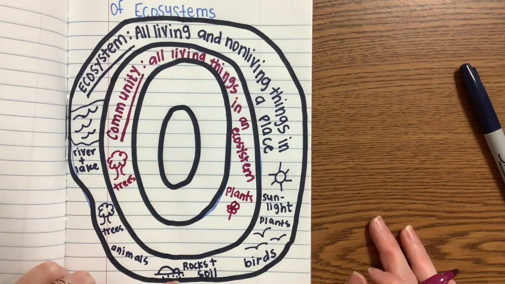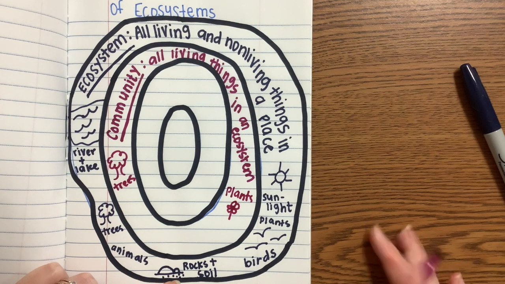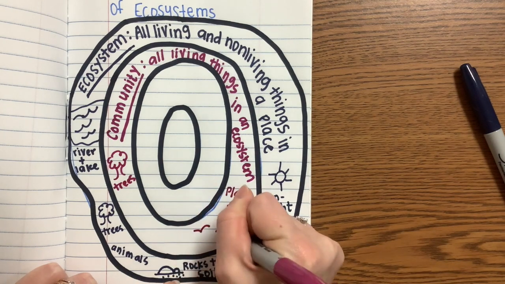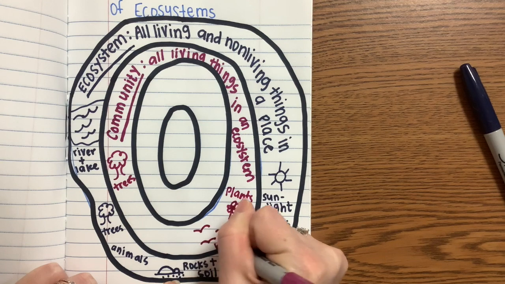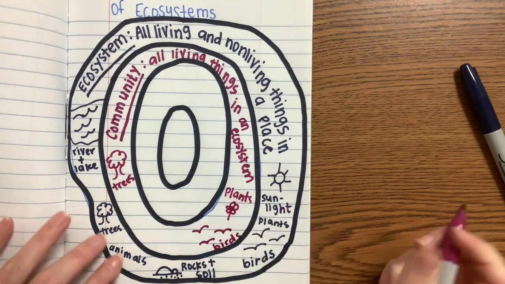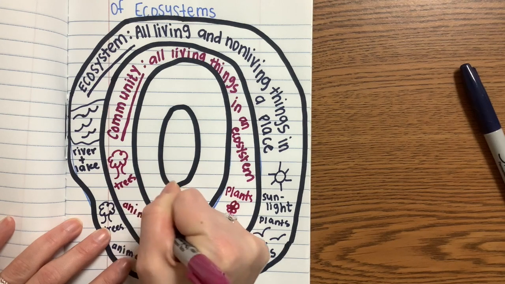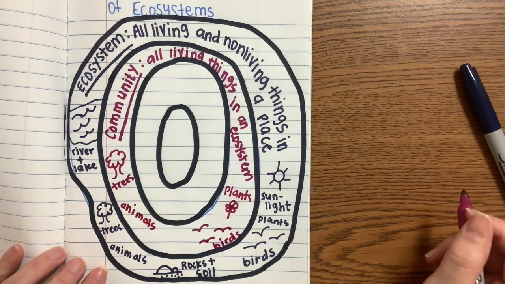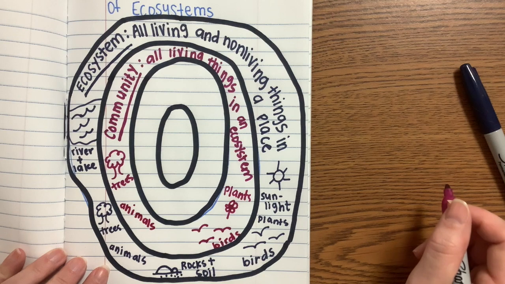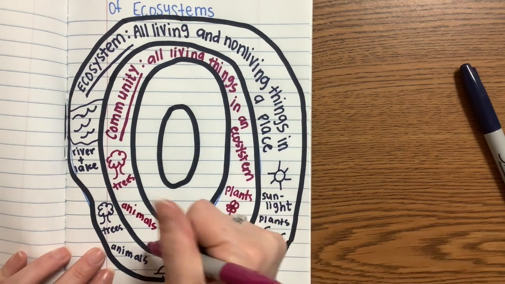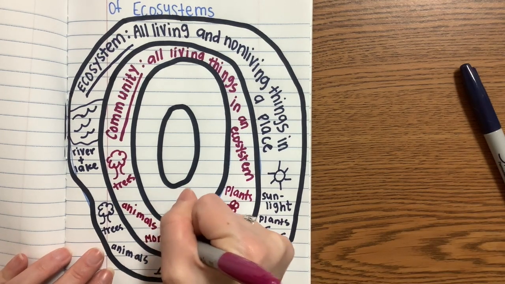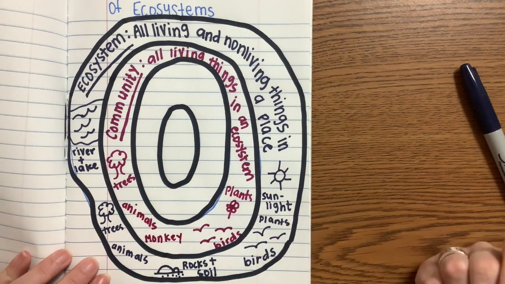Rocks and soil, are those living? We can write birds. We can write animals. You can even write specific animals like, I don't know, a monkey. Monkeys.